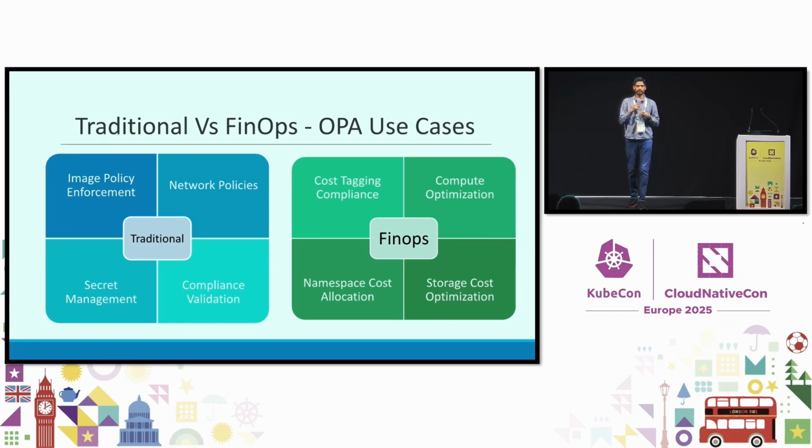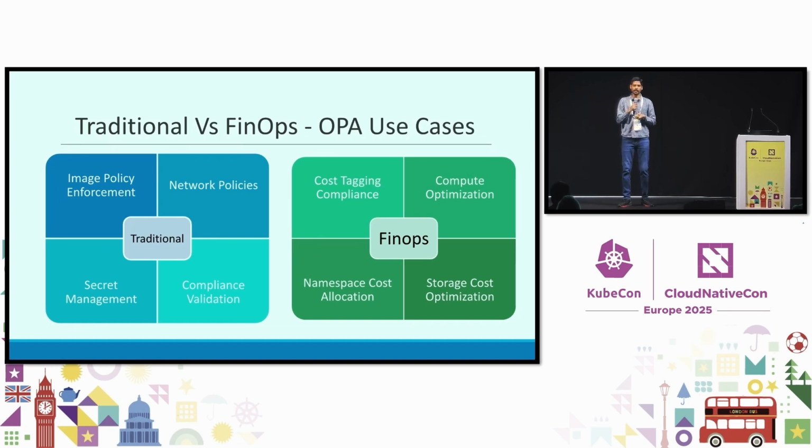And then compliance validation. For example, there will be certain policies to restrict privileged containers from running on this cluster. That's what checks whether it's compliant, or violating your security features.